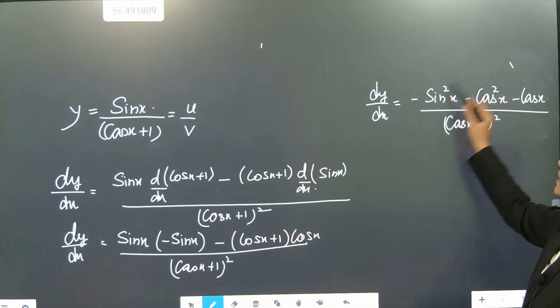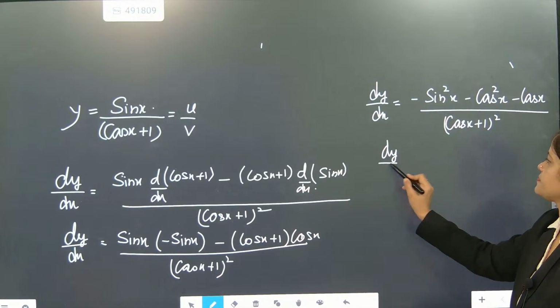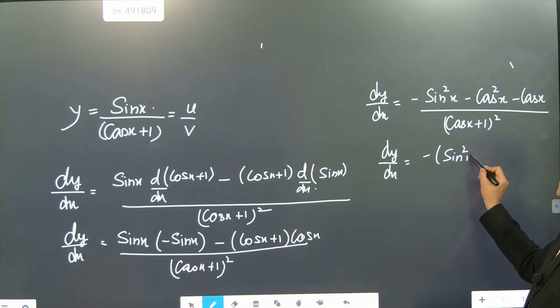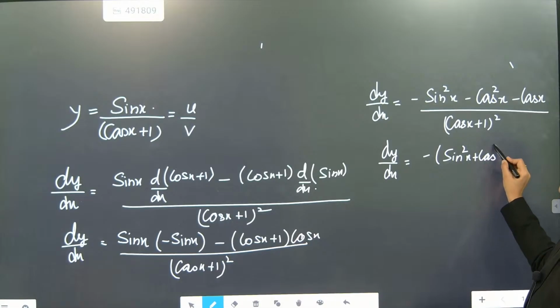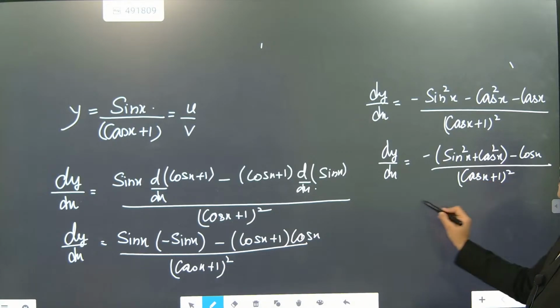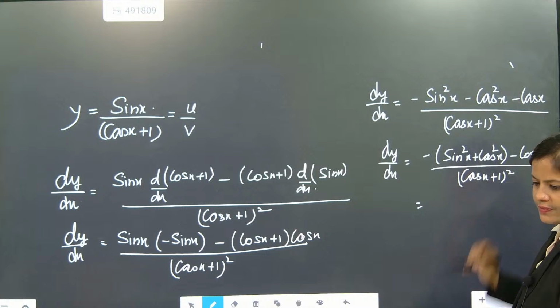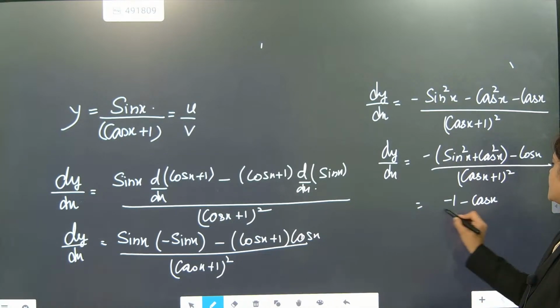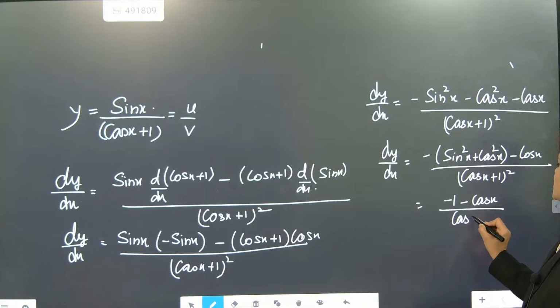Now here if we will take minus common, it will become sin square x plus cos square x minus cos x by cos x plus 1 whole square. So this part will become 1. It will become minus 1 minus cos x by cos x plus 1 whole square.